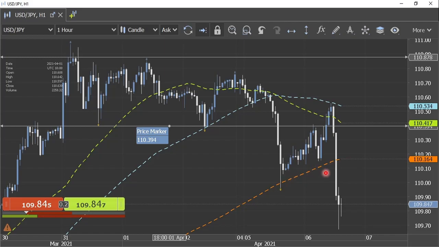So as long as price action stays below it, we can continue to look for shorting opportunities while keeping the stop loss anywhere closer to the immediate high. Today's session high of around 110.5 should be good enough.